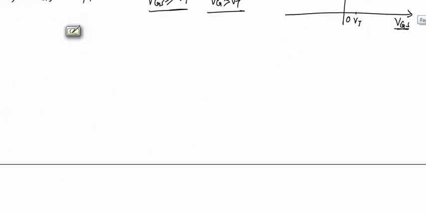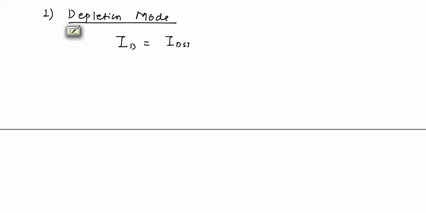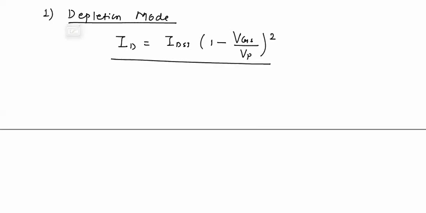So as this MOSFET is operating in two different modes, we will have two equations. When it is operating in depletion mode, the drain current ID is equal to IDSS into 1 minus VGS upon VP whole square. Like JFET, this will be the current equation when it is operating in depletion mode.